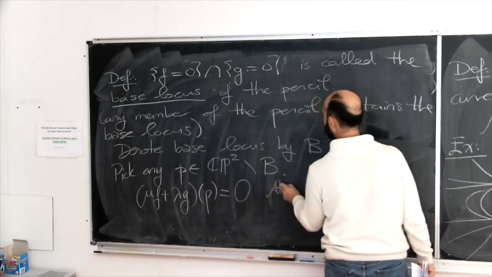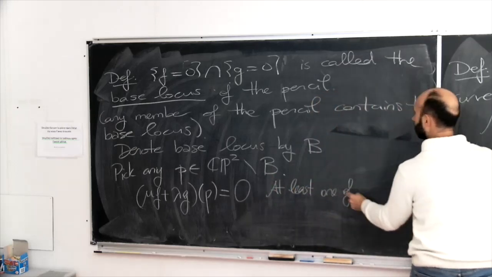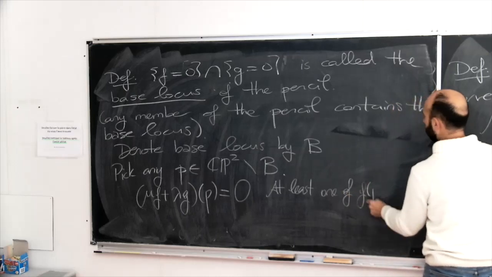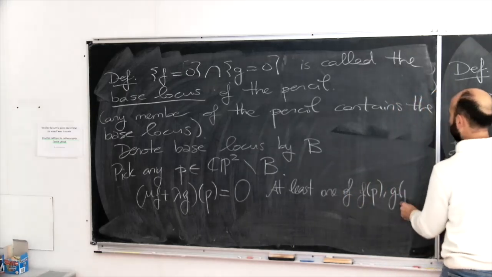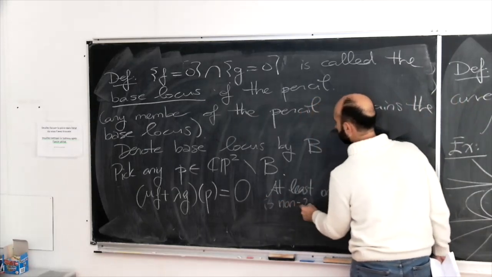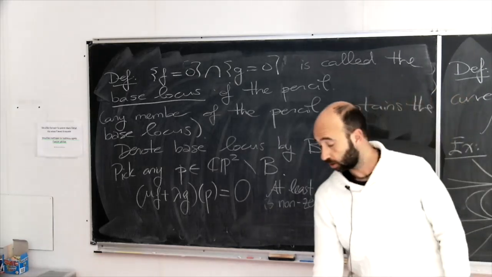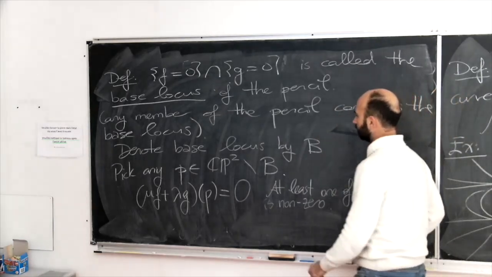So at least one of f(P) and g(P) is non-zero. But then there's only one solution of this equation for (mu, lambda) in CP1.